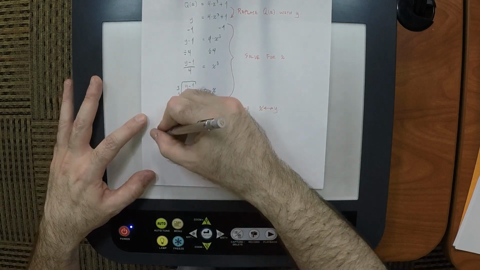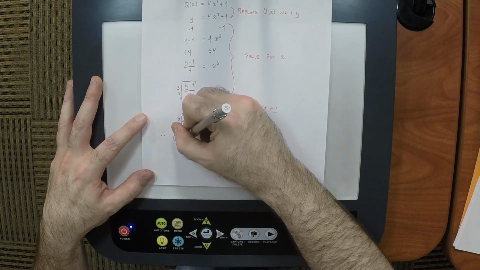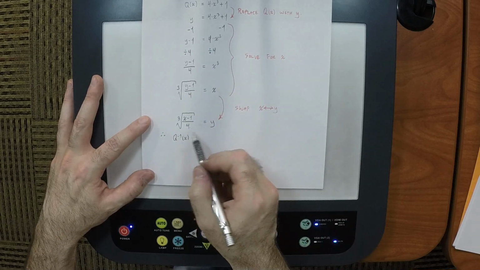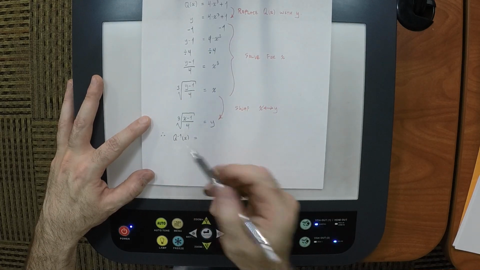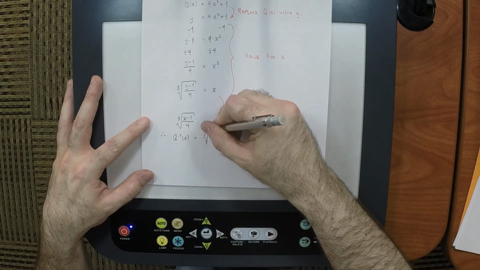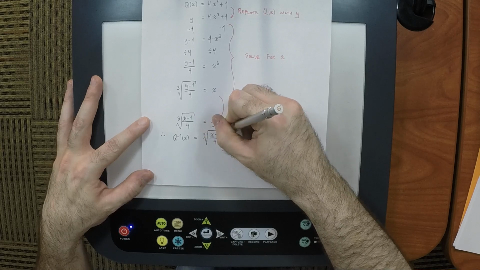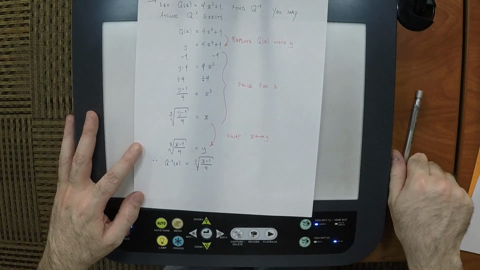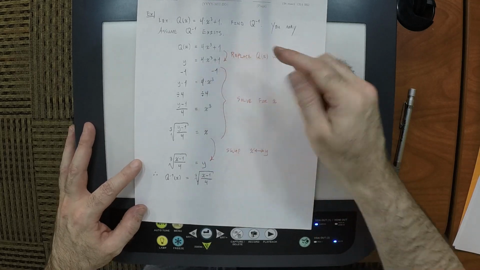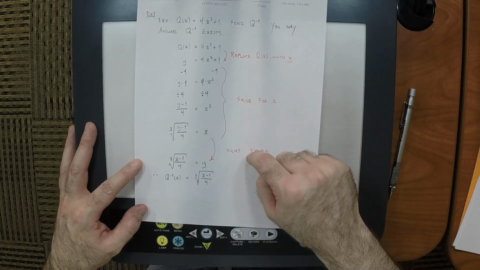And now we can say, therefore, Q inverse of x is exactly that stuff that is opposite to y there. It's this, cube root of x minus 1 over 4. So now, to explain what it was that we did here, on the one hand, you could just say, well, we just did that thing, that thing, that thing.